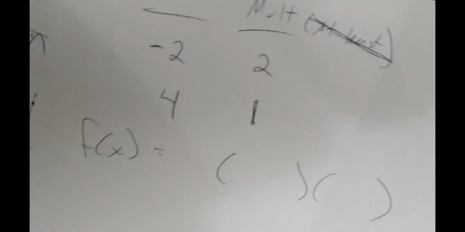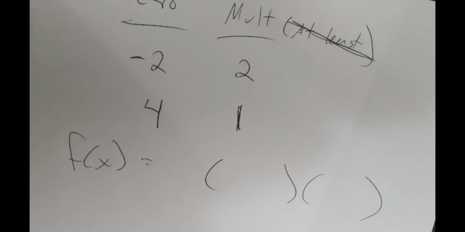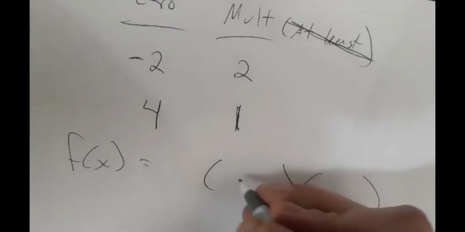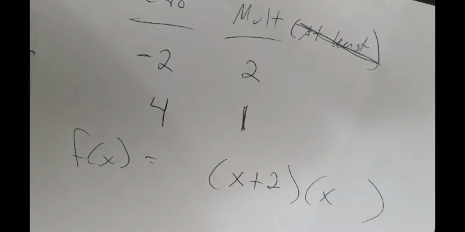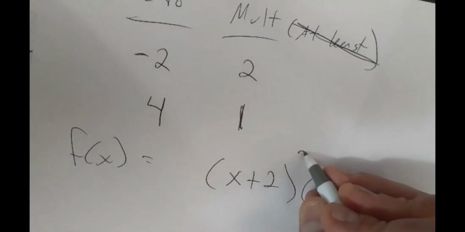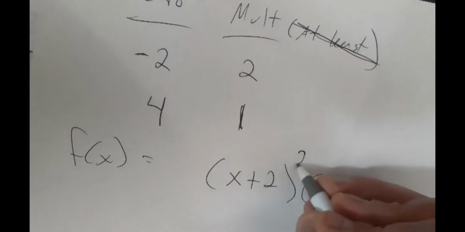So my first 0 is a -2. What does my factor look like? X plus 2. And what power should that be to? Two, to the second power.